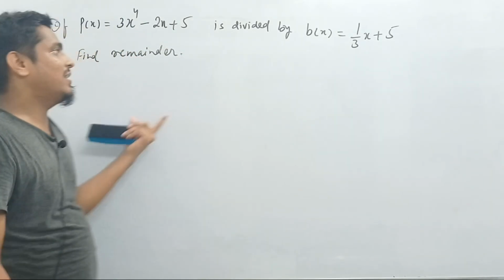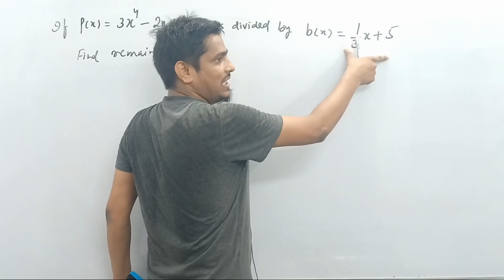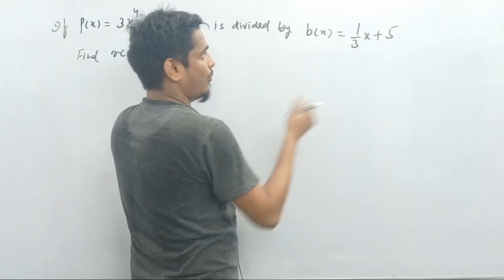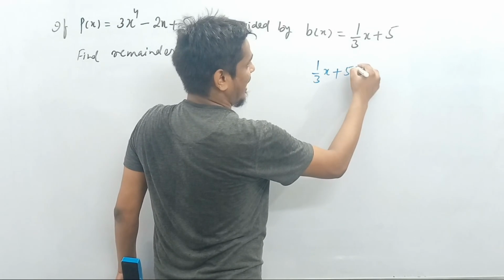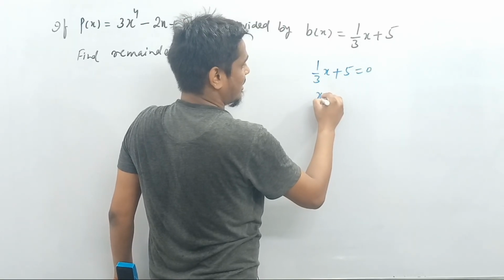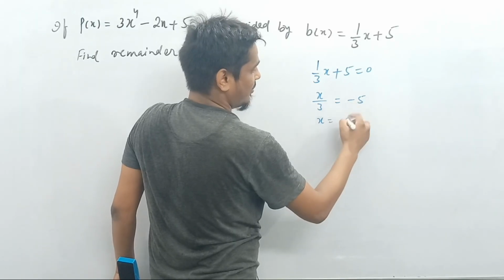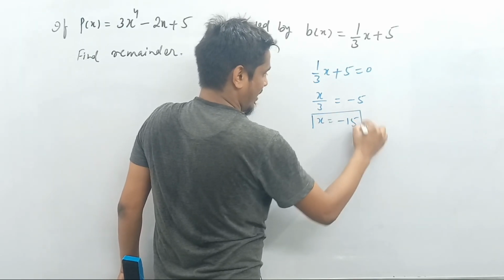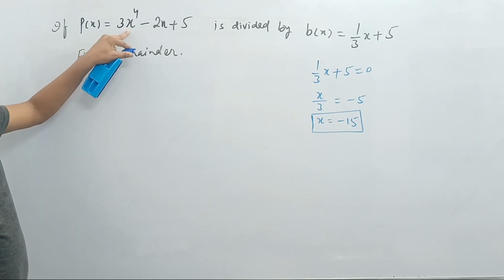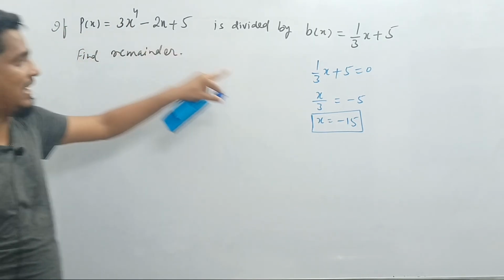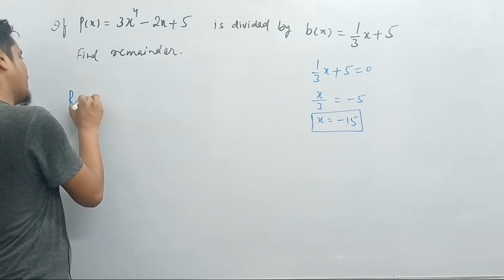So we can easily find the remainder by finding the value of x from this linear factor by equating it to 0. When we equate 1 by 3 times x plus 5 to 0, it gives x over 3 equal to negative 5. Then x is equal to 3 times 5, which is negative 15. So we can easily find the value of p(x) at x equal to negative 15. So just substitute this value.